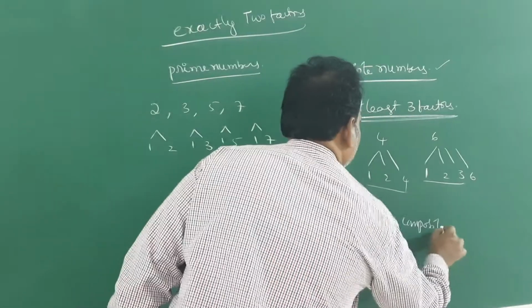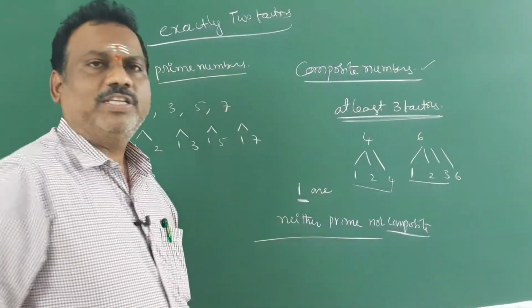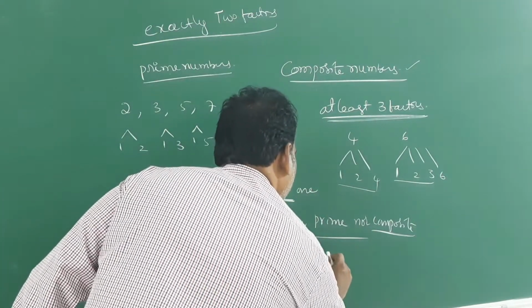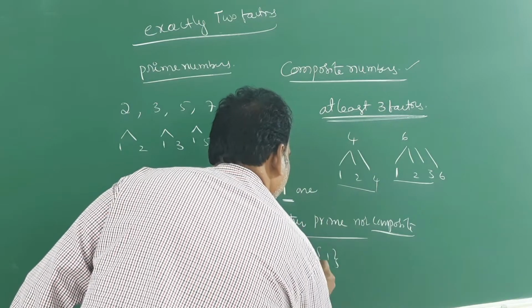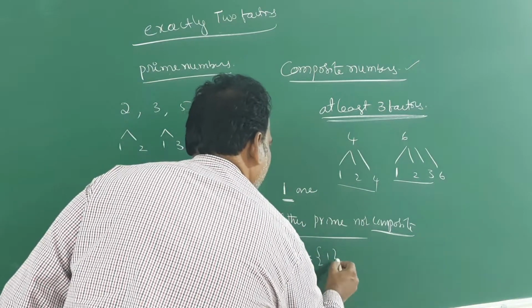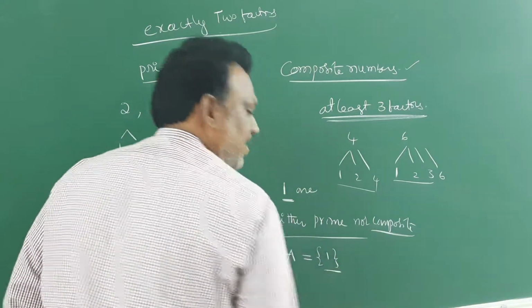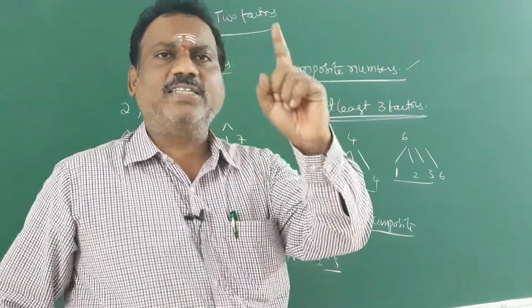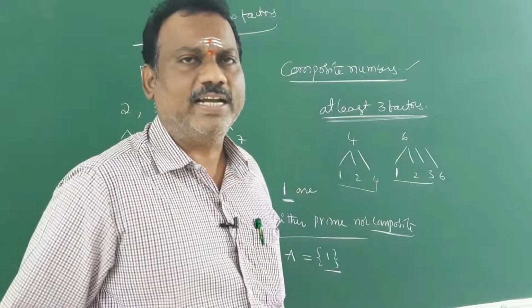So you should remember, students, the number which is neither prime nor composite is 1. So this set of neither prime nor composite number is {1}. This set contains one and only one element. That's why it is called a singleton set. It is an example of a singleton set.